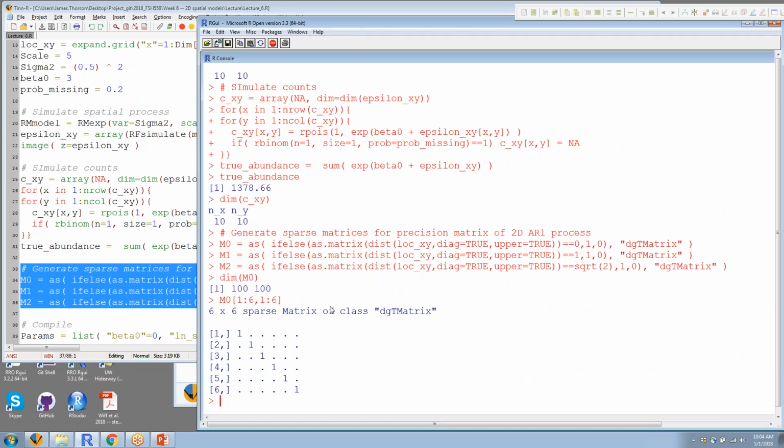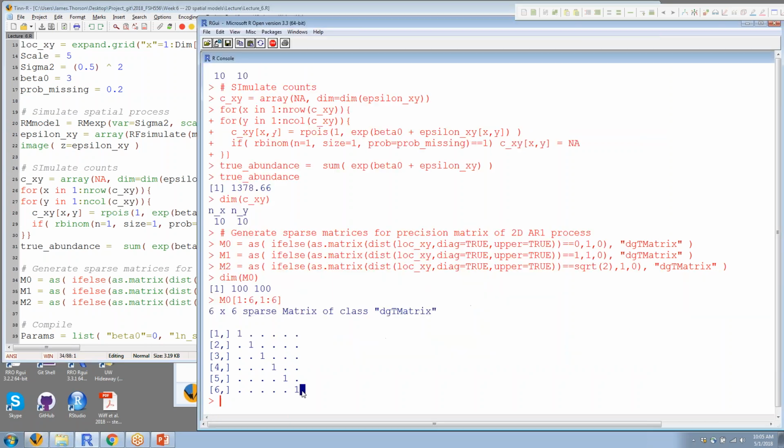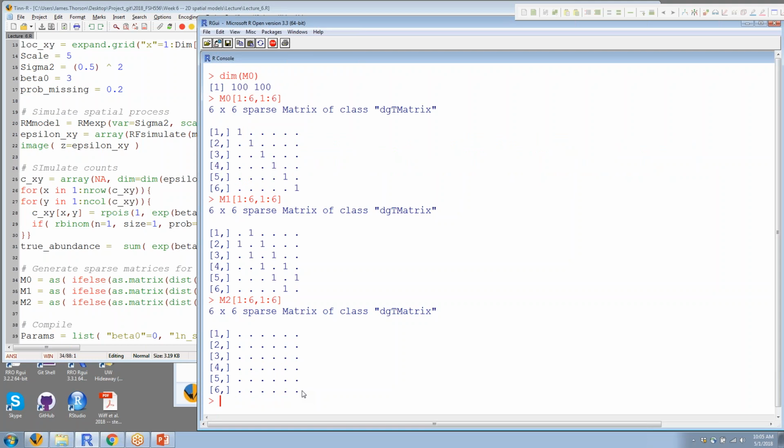M1 is a first-order autoregressive, well, it's one for any cell that is adjacent to another cell, and then M2 is one if they're separated by diagonal cells, and 0 otherwise. We'll use those later.